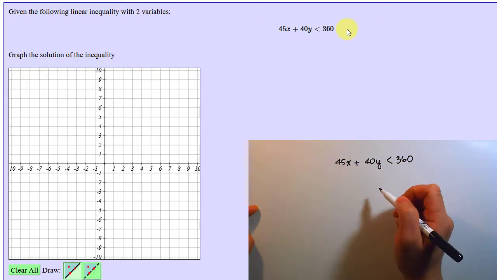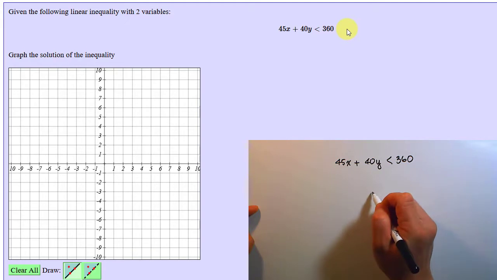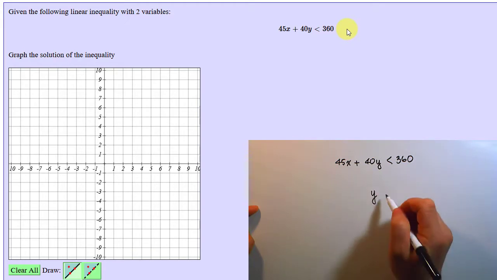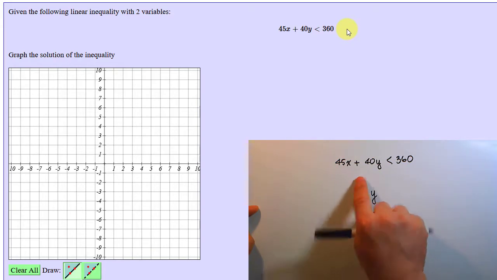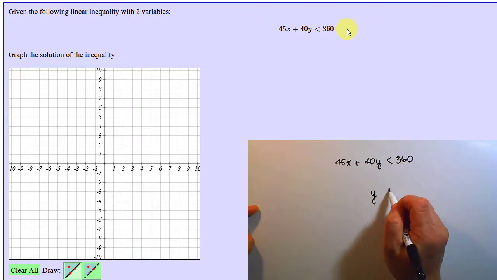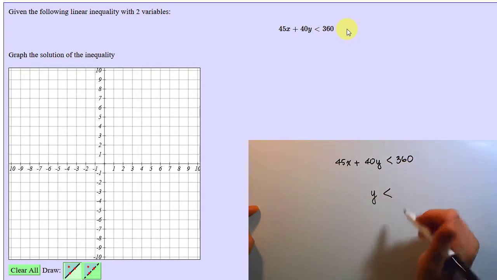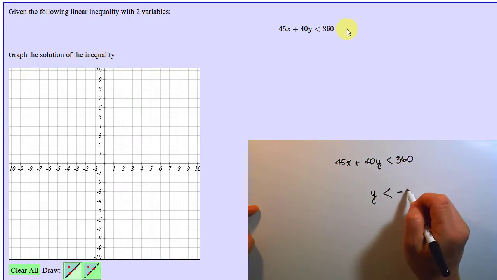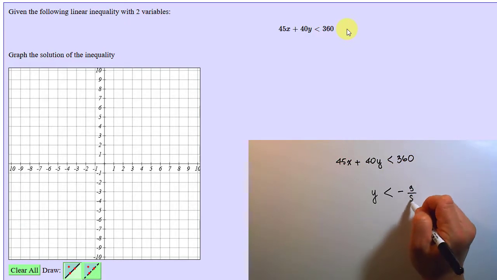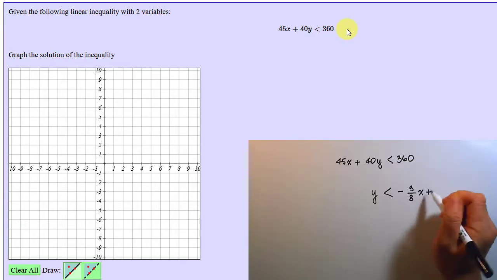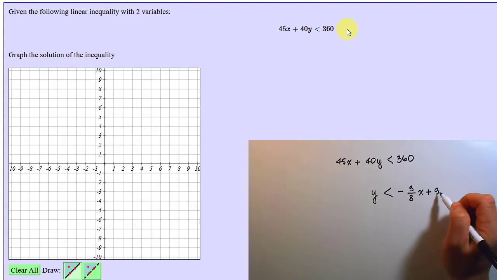So the algebra steps eventually take this inequality to the final form, being y less than minus 9 over 8 x plus 9.